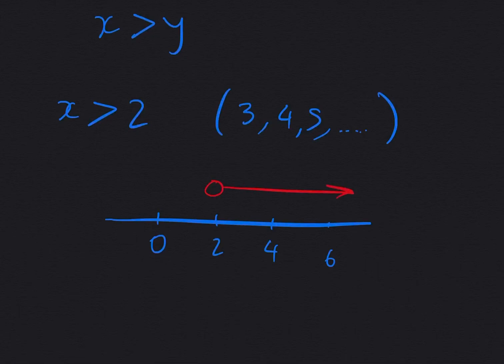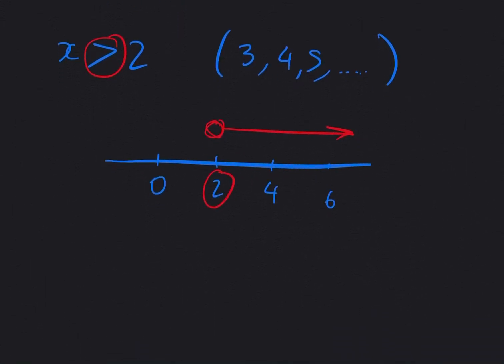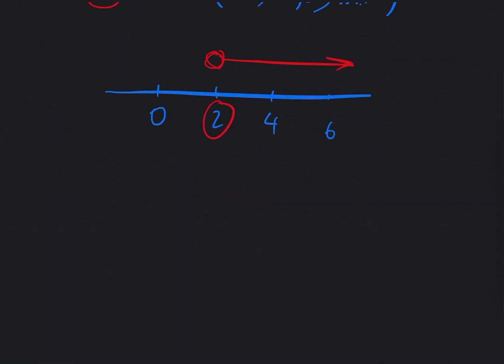Okay, so there's something that's important here. I've used an open dot because it's not inclusive of the 2. It doesn't include the 2. How would that be different if I looked at doing x is equal or greater than 2?